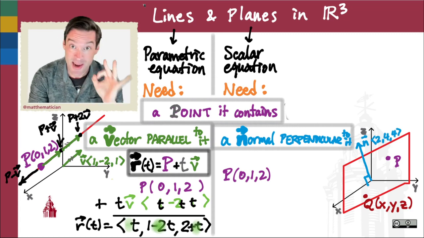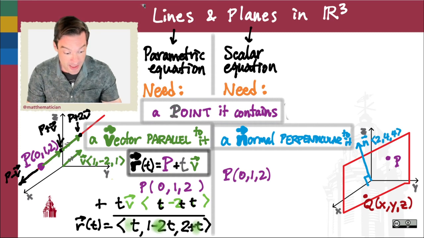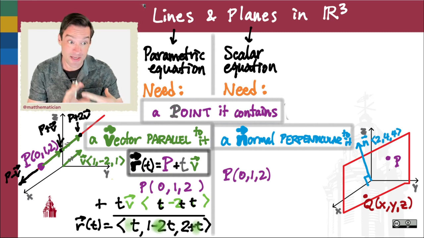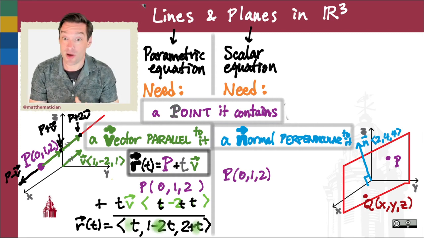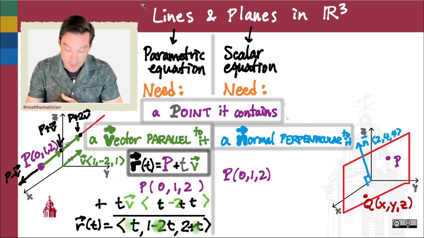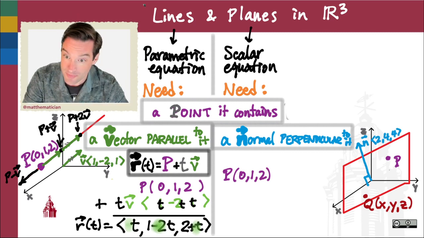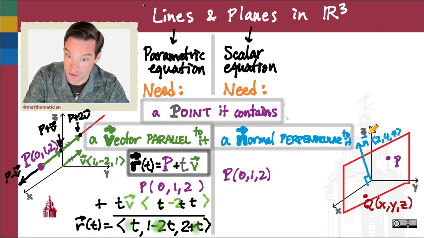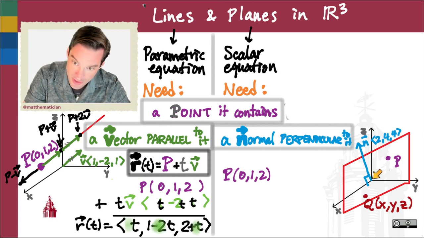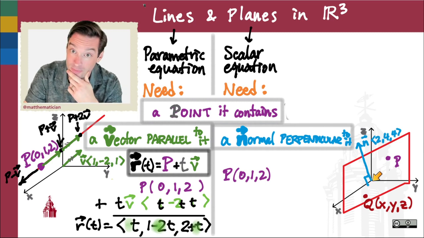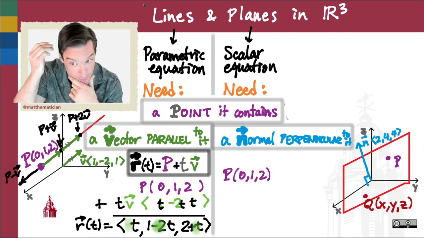The dot product is tailor-made for this, right? The dot product can tell us when two directions are perpendicular because it is 0. My normal vector needs to be perpendicular to my plane, so I need a direction that is parallel to my plane in order to make this work.